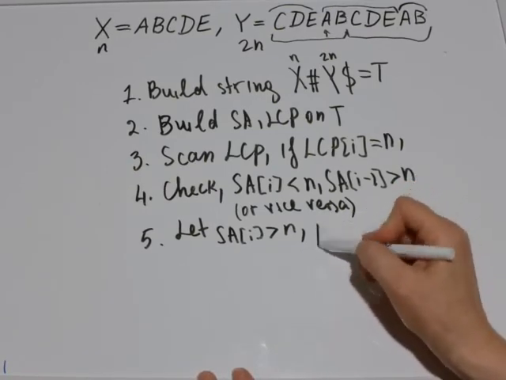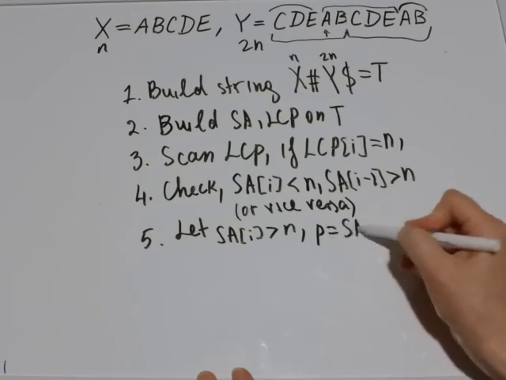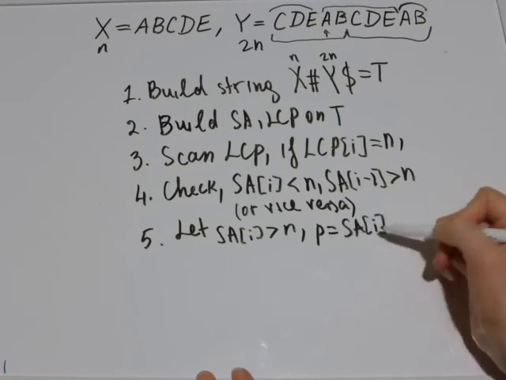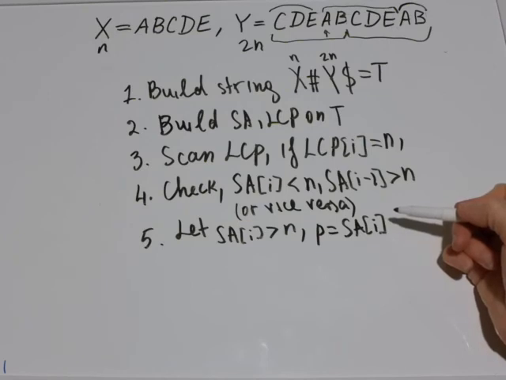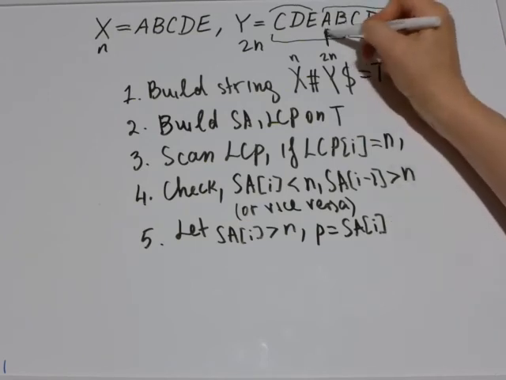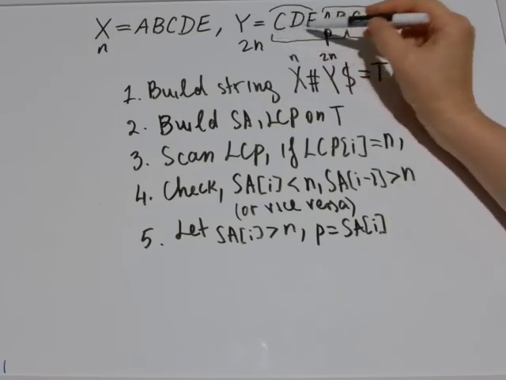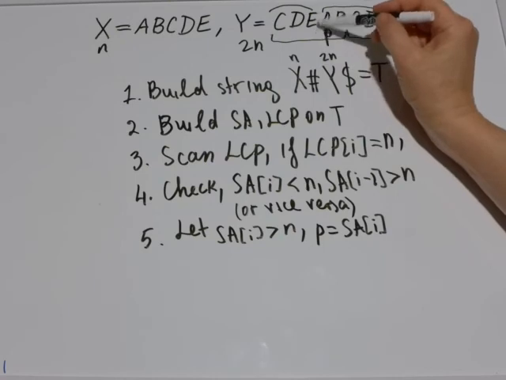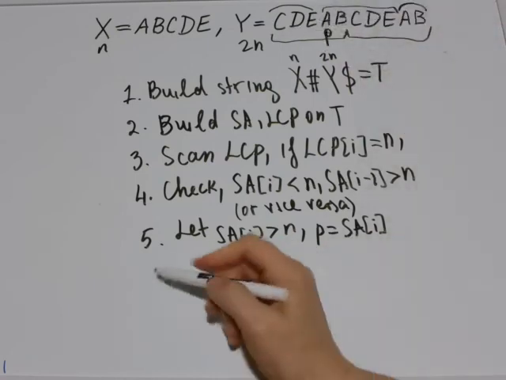Let me call it, let P be equal to SA of i, and apply some formulas. So if this is position P, then from 0 to P minus 1 would be suffix of x.